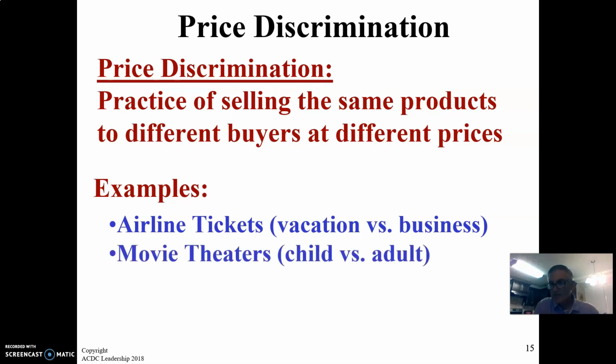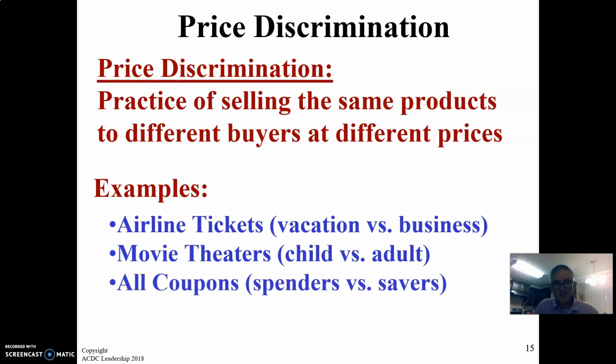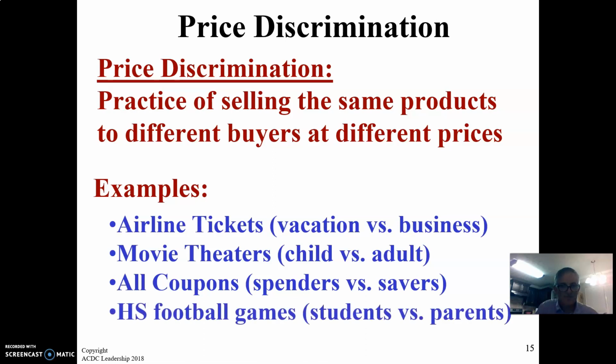Movie theaters actually price discriminate depending on how old you are. Anytime someone uses coupons to pay for something, a coupon is just a piece of paper that really truly has no value. That's just a store that's decided to sell something cheaper to someone who sat down and decided to clip coupons out.